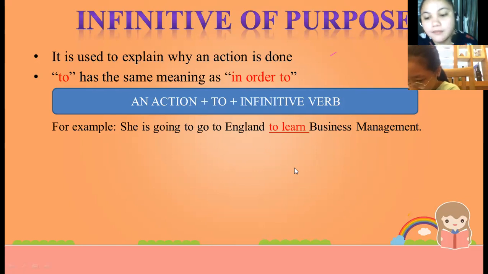You just have to make a sentence and then you put to and the reason why. Example, my mother is going to the market to buy our groceries. So how about you?